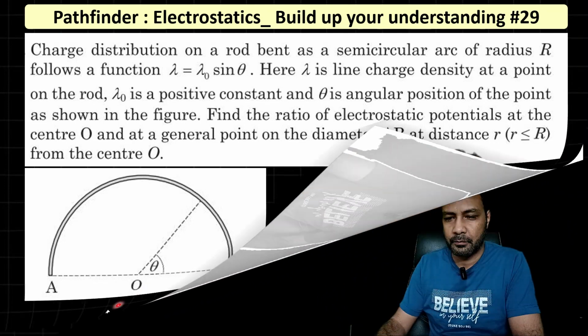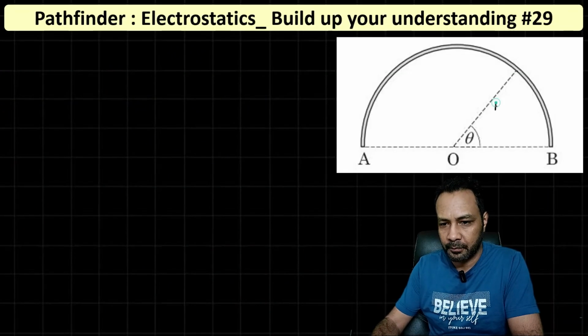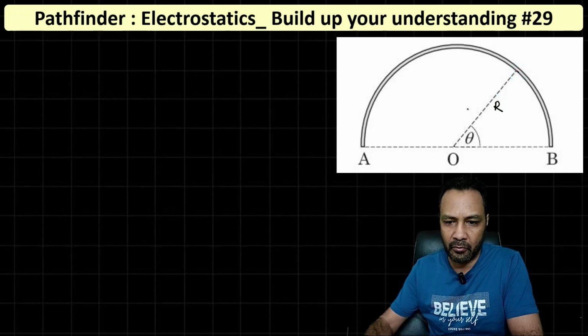So let's go ahead. Here is a non-uniformly charged ring of radius R. Linear charge density at angular position theta is lambda naught sine theta. I want to take an element of the ring between angular position theta to theta plus d theta, like this.